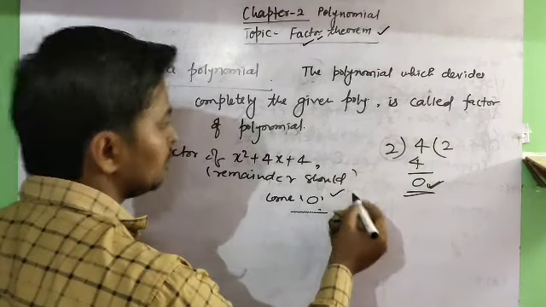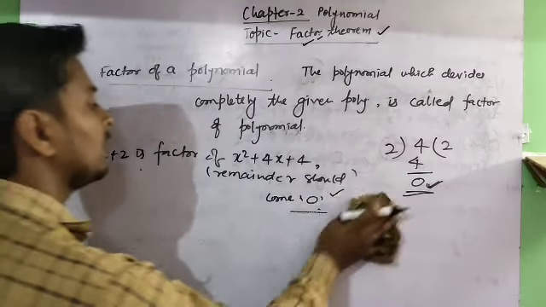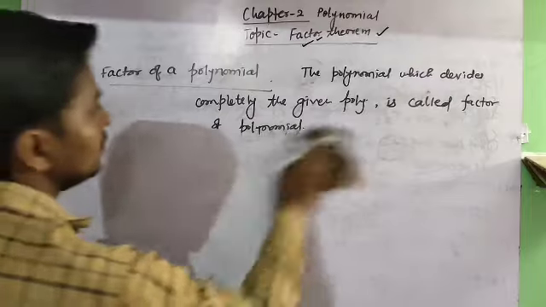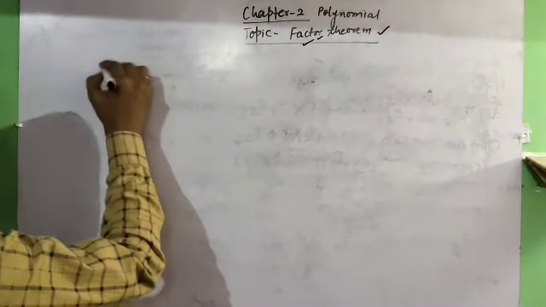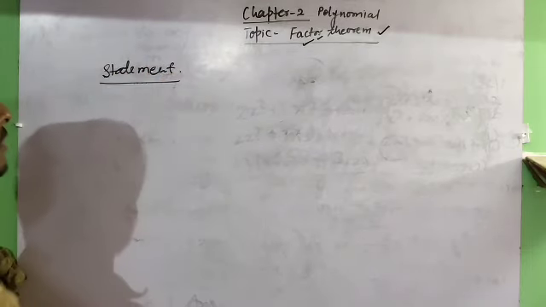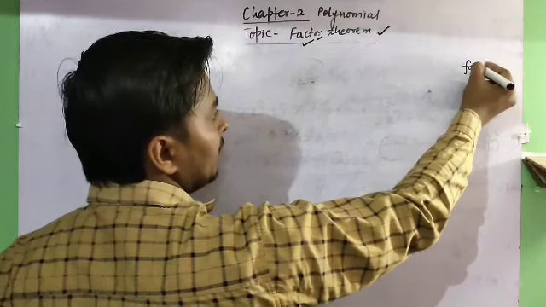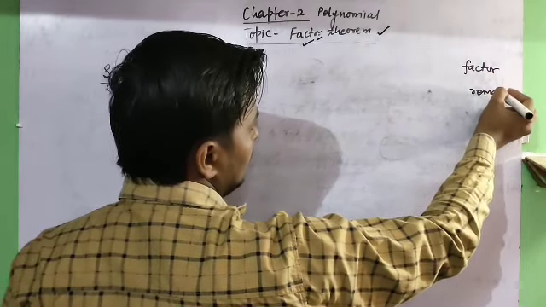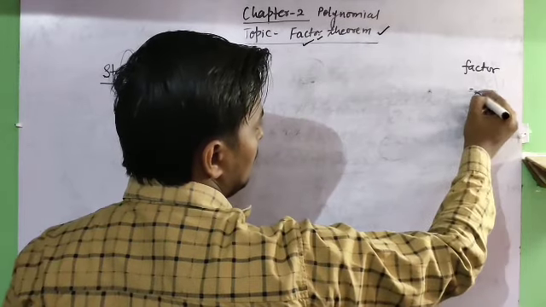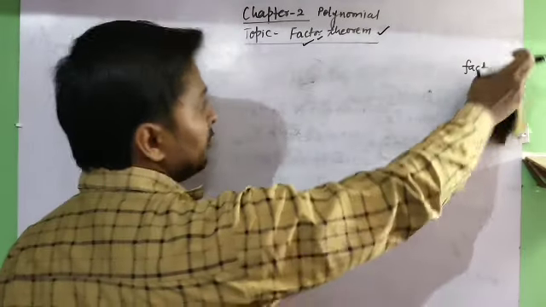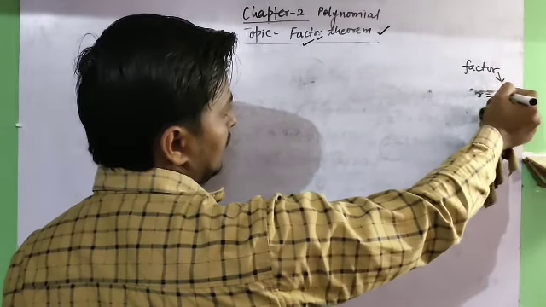On this point we will move to the statement of factor theorem or factorization theorem. Now we have two things: factor, and second, the remainder, r is equal to 0 when completely divisible. Factor means which divides completely.